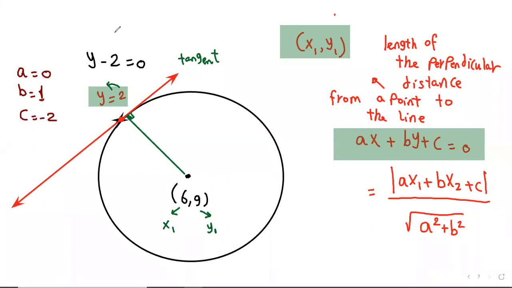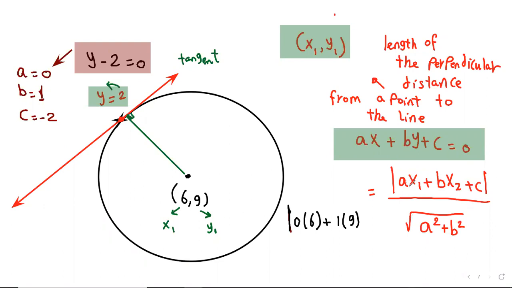Okay. I used this equation here. So applying the rule, it's the absolute value of a times x1, 0 times 6, plus b, which is 1, multiplied by 9, multiplied by y1.